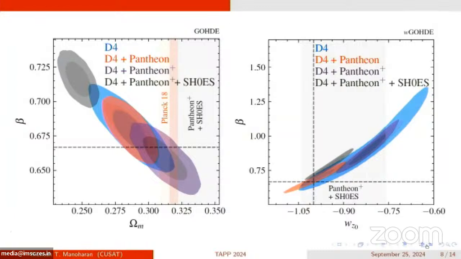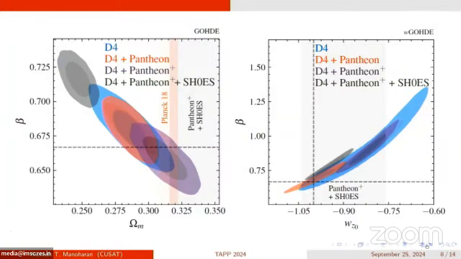We can see that the best fit value for most of the data combinations, except for the SH0ES prior, the beta value close to 2/3 stays within the confidence limit. And the w_z0 value, the present value of the dark energy equation of state, comes close to whatever is taken as the standard values in the literature.